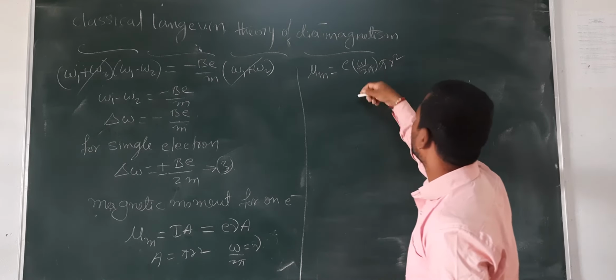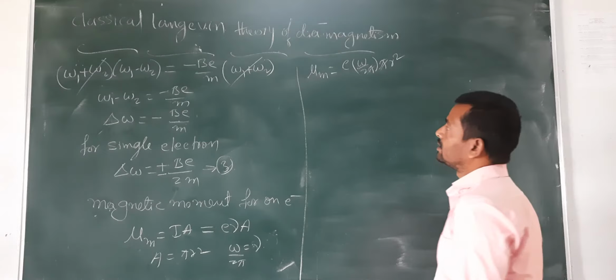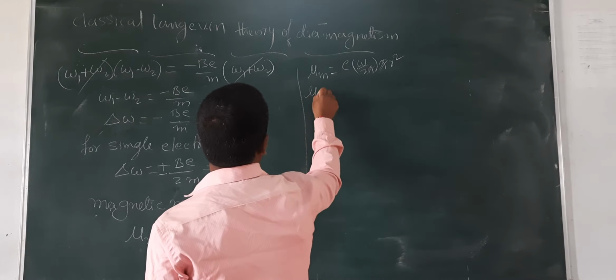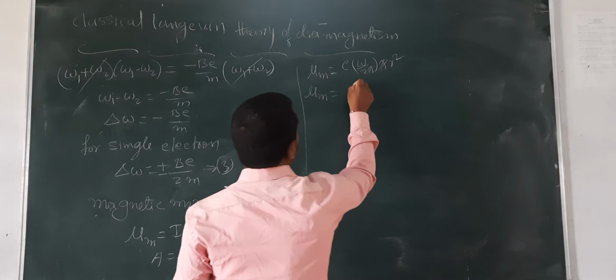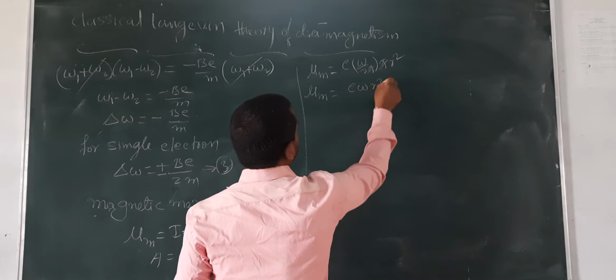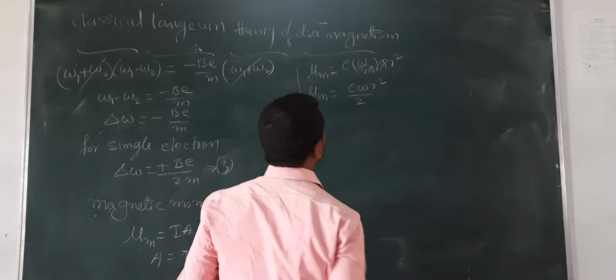So pi gets cancelled, remaining e omega r square by 2.